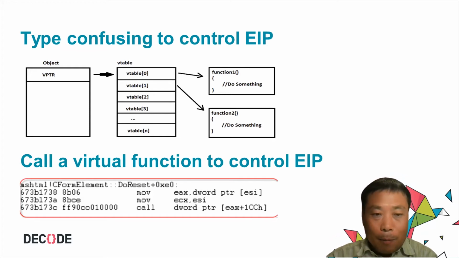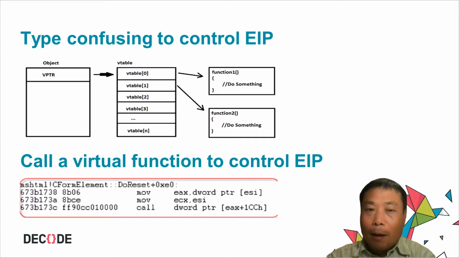So here's some sample code on the function call. You can see ESI will point to the object, and the EAX will be the virtual function table. And with the offset, the system will fetch the address of the function and make a function call on it.